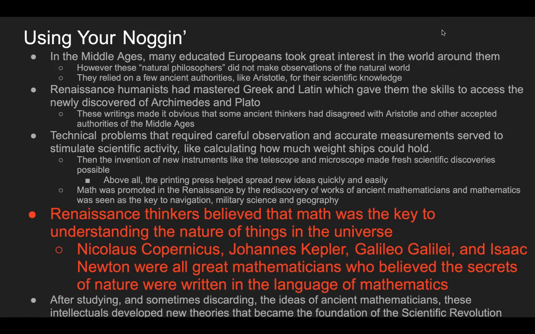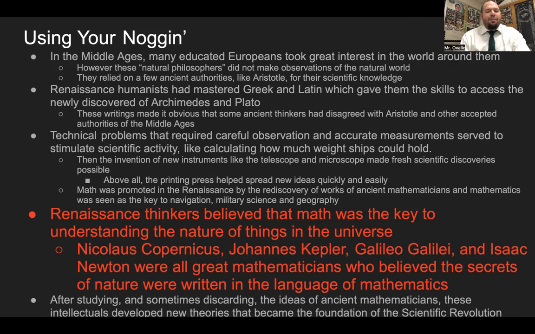There is a lot. So in the Middle Ages, many educated Europeans took great interest in the world around them. However, these natural philosophers did not make observations of the natural world. They relied on a few ancient authorities like Aristotle for their scientific knowledge. Renaissance humanists had mastered Greek and Latin, which gave them skills to access newly discovered texts of Archimedes and Plato.